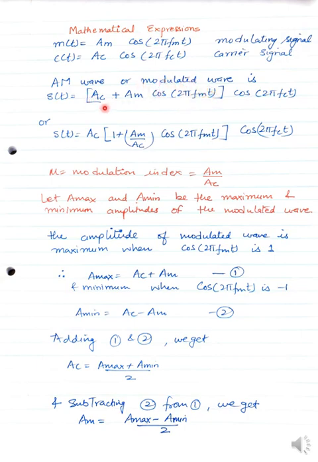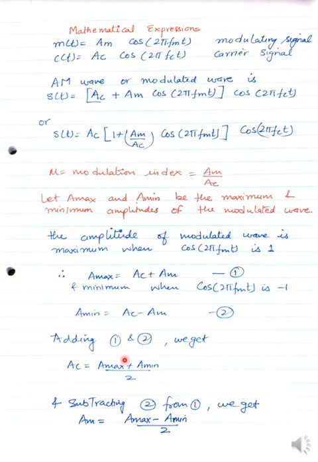You can look at it from this point also. When this has a maximum value, then the amplitude has the maximum value. So we can say A max is equal to Ac plus Am at cos 2 pi fm t equal to 1, and minimum when it is equal to minus 1, and then it will be Ac minus Am.